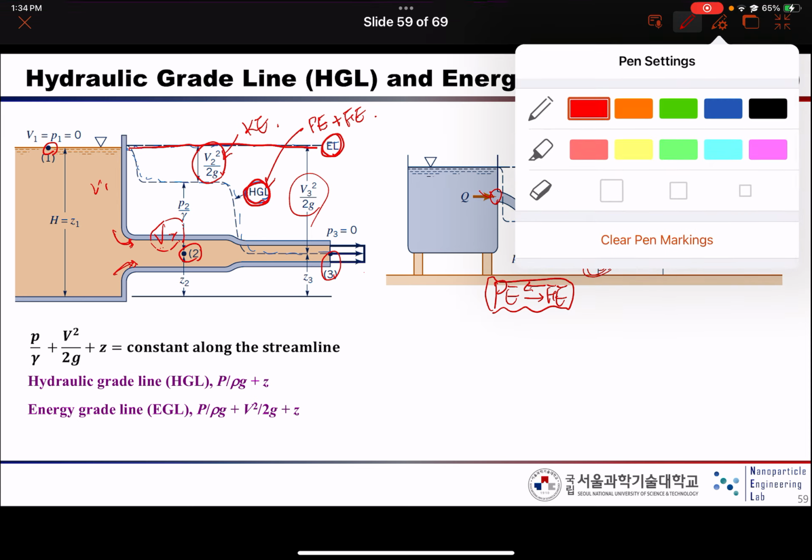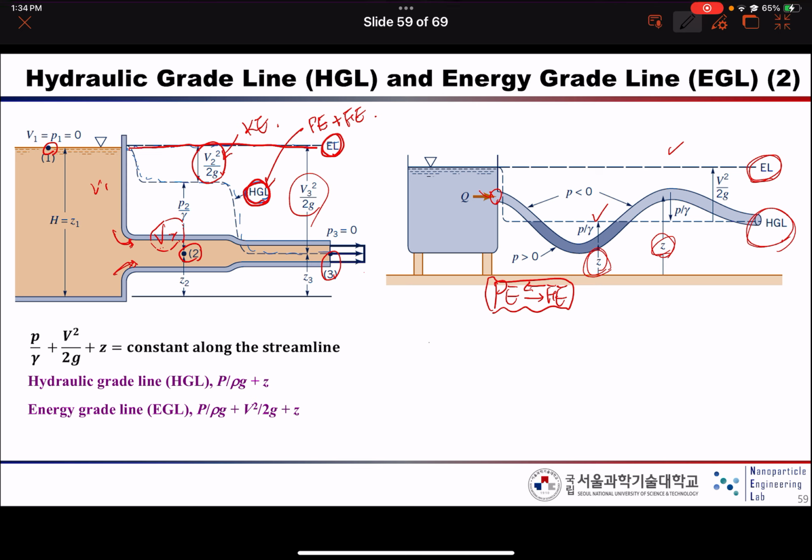So again, to use this concept, we should make an assumption: inviscid, incompressible, and steady. Okay, this is our assumption to say that the energy line is always constant.